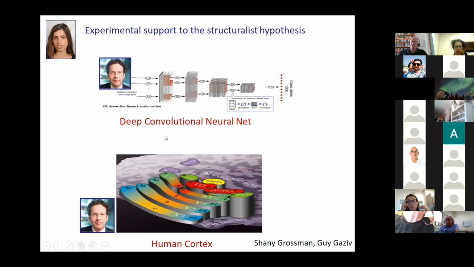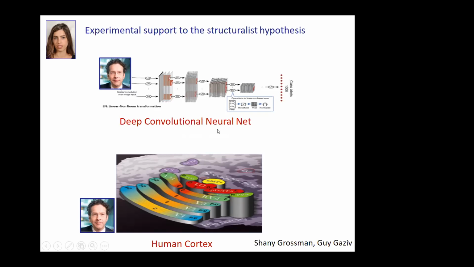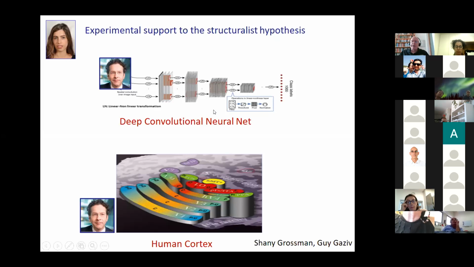So we thought, okay, if we believe in this structuralist approach, this idea that what matters is the distance matrix between pairs of faces or images, and if it's really important, then maybe we should find it re-emerging in the artificial network.